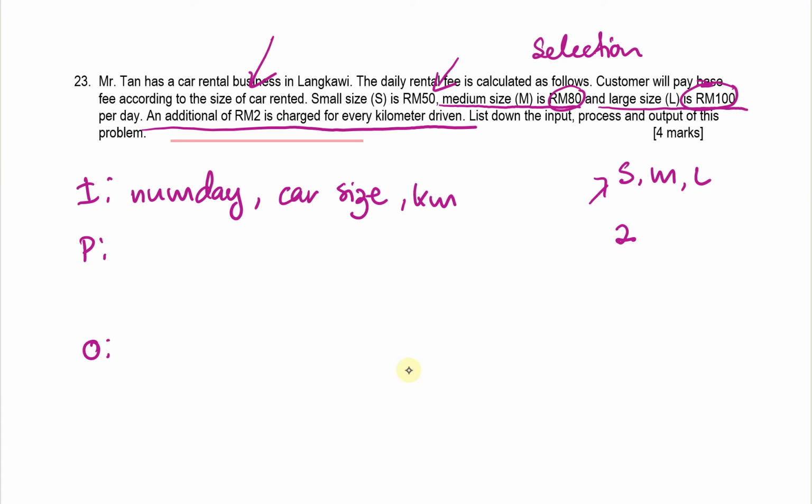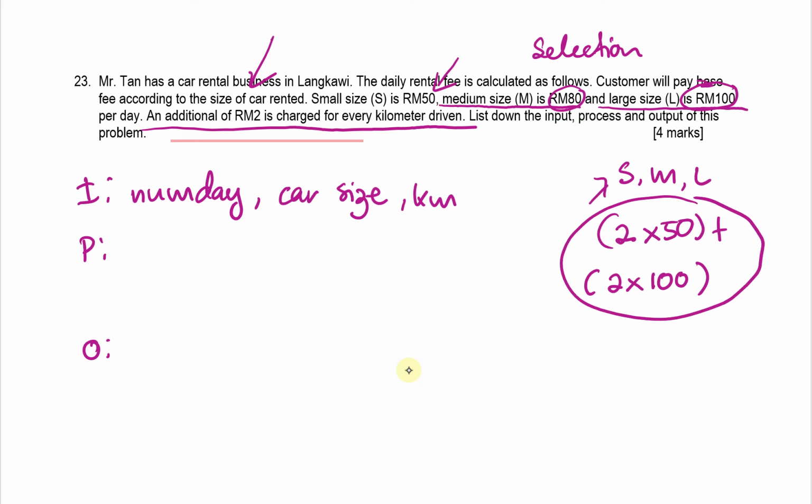So 2 days times 50 ringgit, and you add 2 ringgit times, let's say, 100 kilometers driven. So this is the total that you have to pay. Actually in this question, the first input is supposed to be car size.